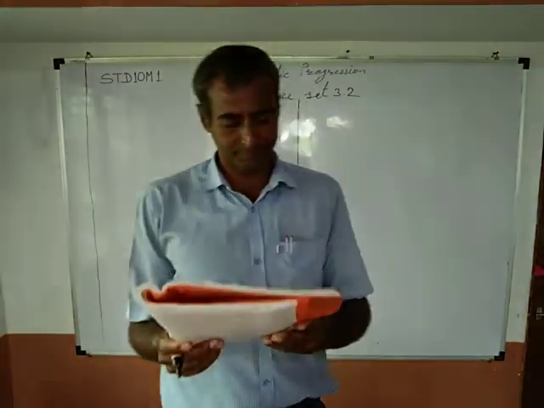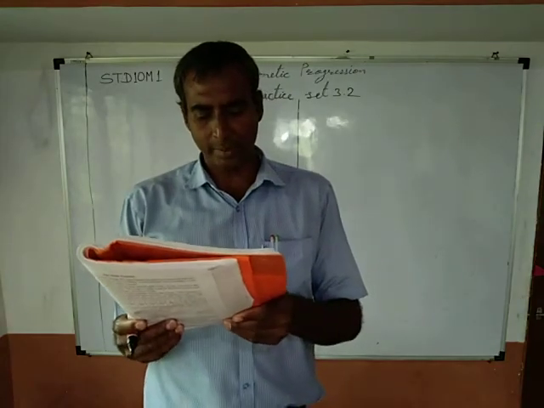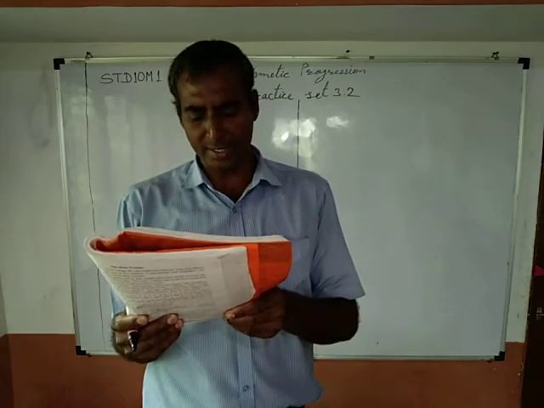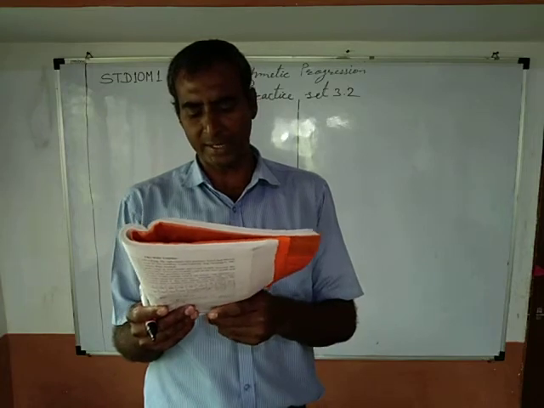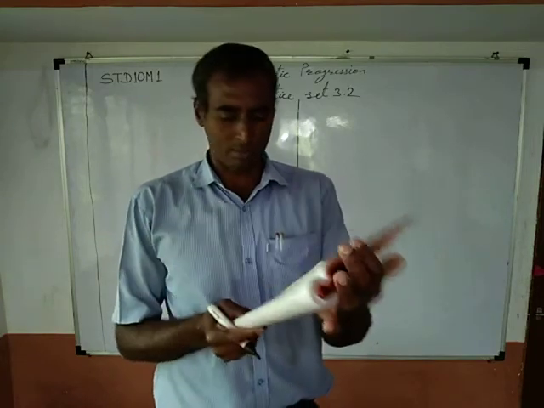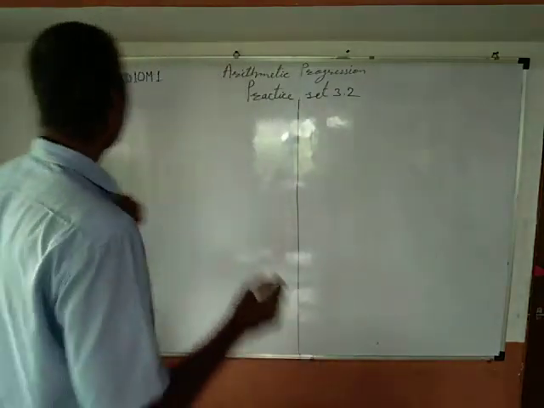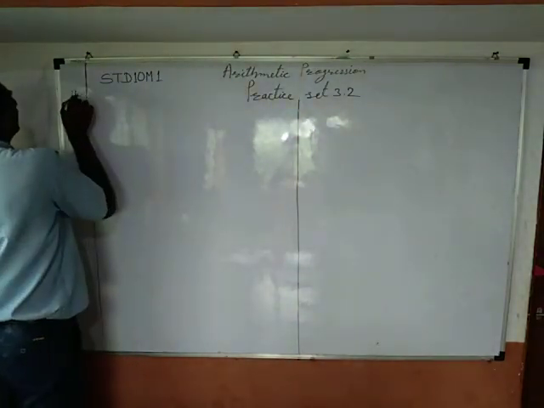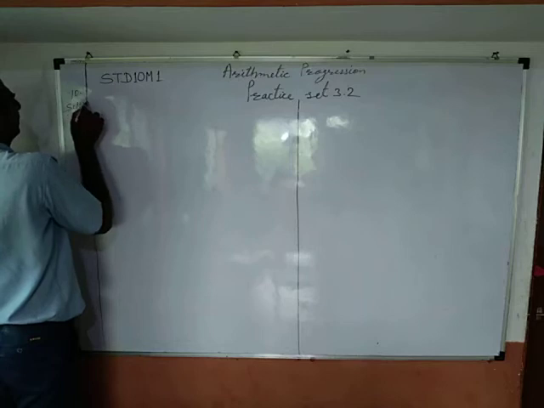Question 10. In an AP, the 17th term is 7 more than its 10th term. Find the common difference. Okay. Question 10, solution.